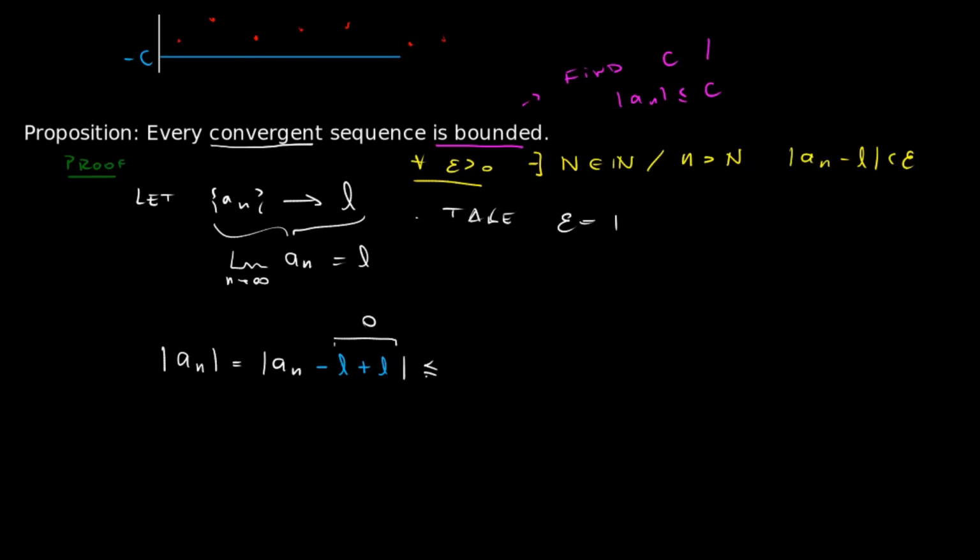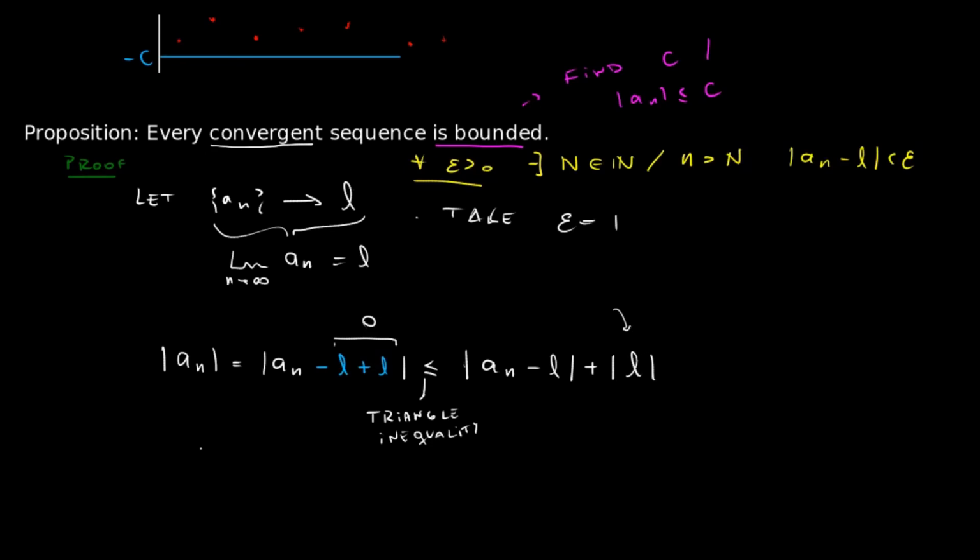Now we can use the triangle inequality and rewrite this as saying that this expression is smaller than or equal to the absolute value of a sub n minus L plus the absolute value of L. We don't know whether L is positive or negative, so there is nothing we can actually do with this expression.